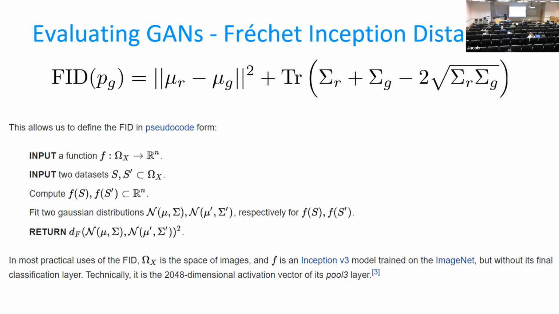And then, actually, I do not remember what DF is. However, I'm guessing it's something like KL divergence between these two Gaussian distributions.